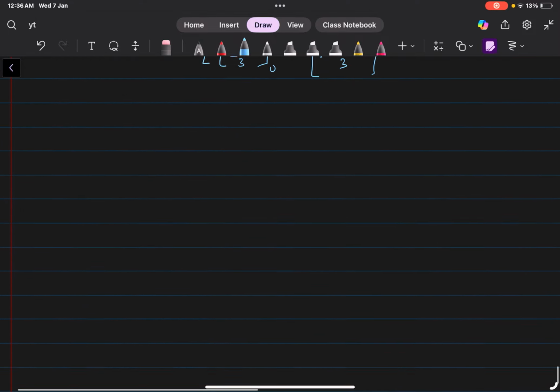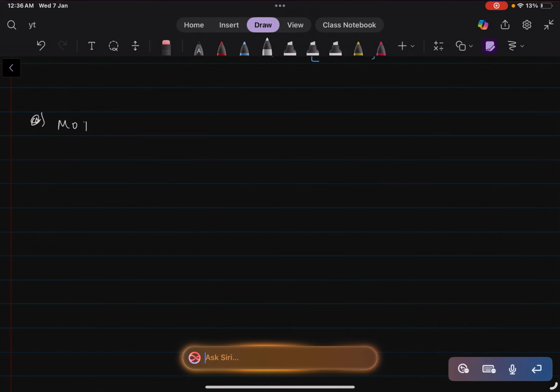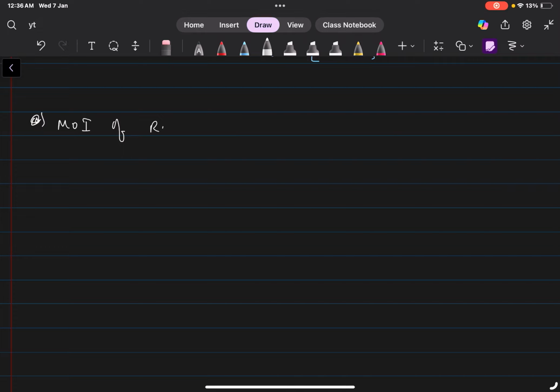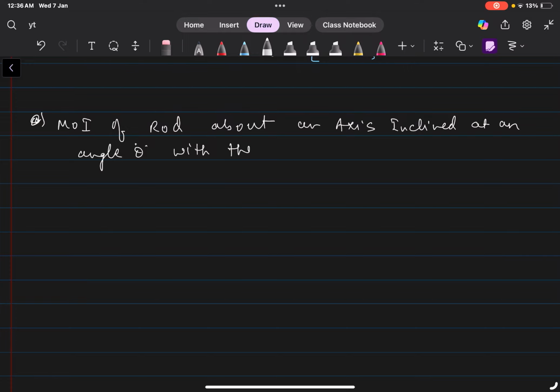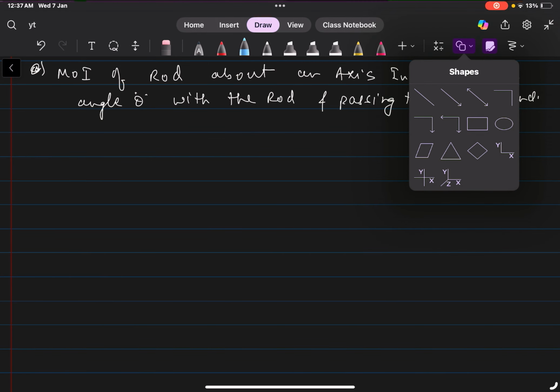Now one more question: the moment of inertia of a rod about an axis inclined at an angle theta with the rod and passing through one end.